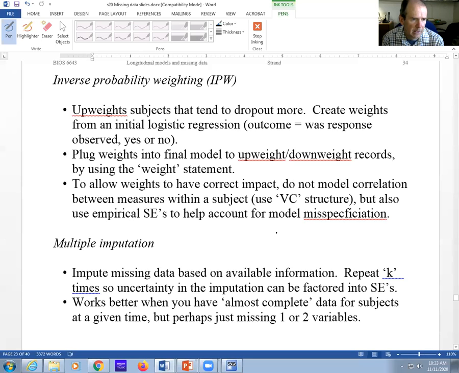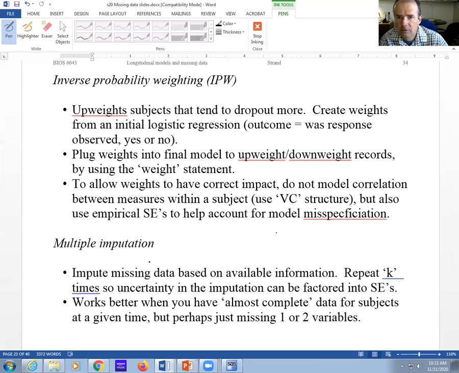So again, I have some code. If you want to try any one of these for your project, we now have four or five different things that you can try, right? We have basic approaches if you assume missing at random. I showed you the pattern mixture modeling.